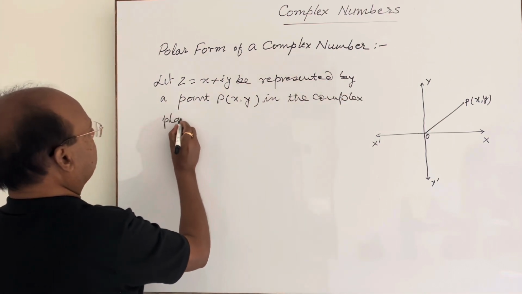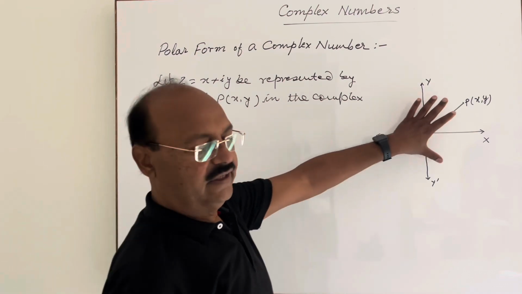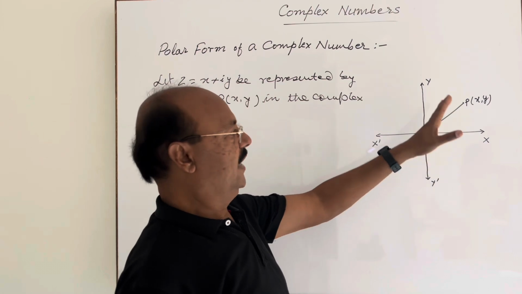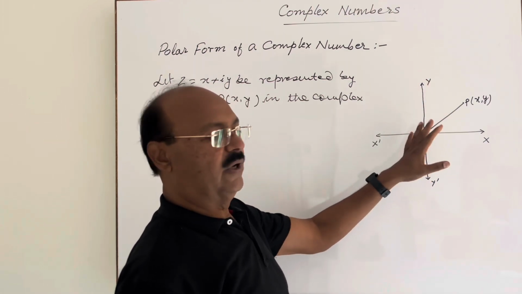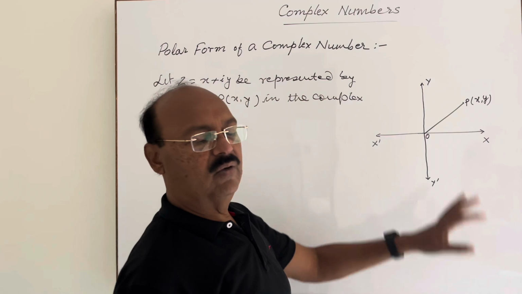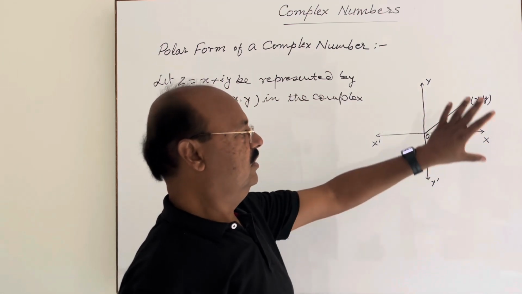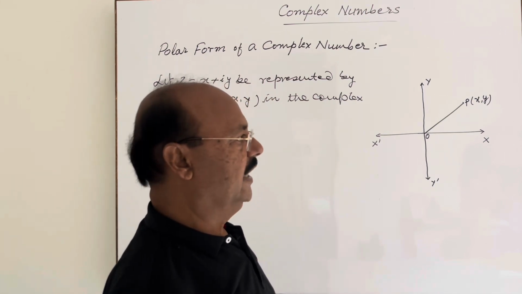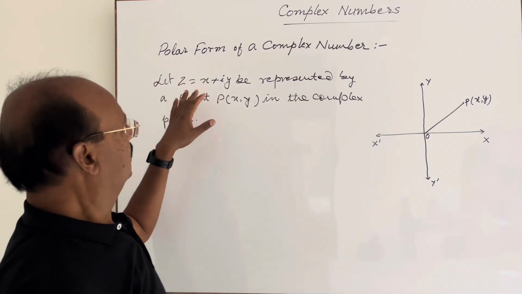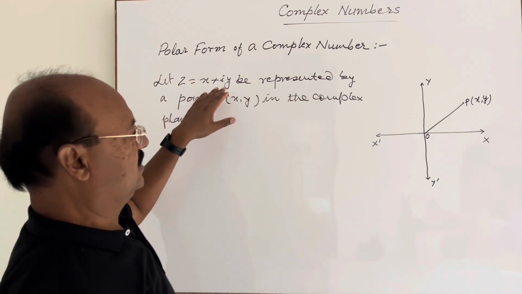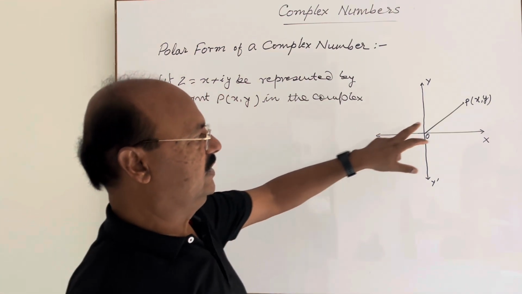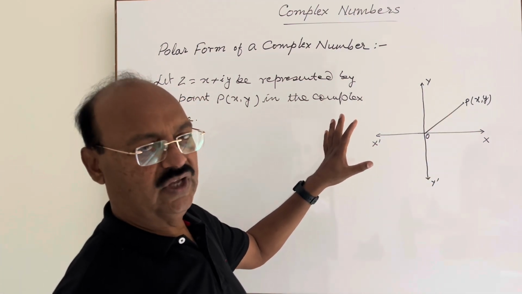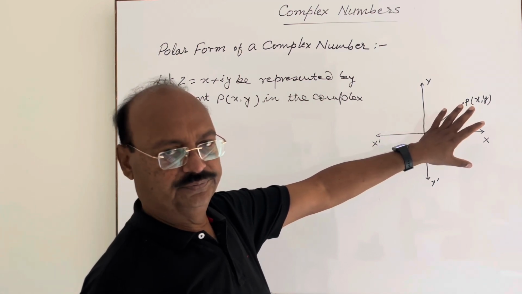We have already discussed in the previous video that this plane, consisting of the x-axis X'OX and the y-axis YOY' perpendicular to each other, is known as the complex plane, or the Argand plane. Every complex number z = x + iy can be represented with the help of a point P with coordinates (x, y). This is the Cartesian form.